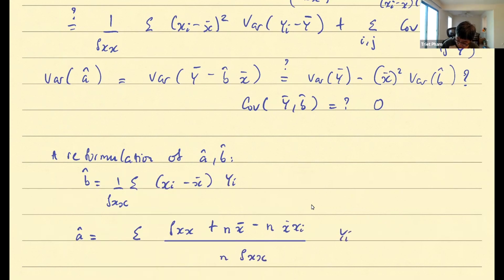So for that purpose, I can just put one of this over sxx in here. Okay, so this is going to be the formulation that we will use to work with b hat and a hat.